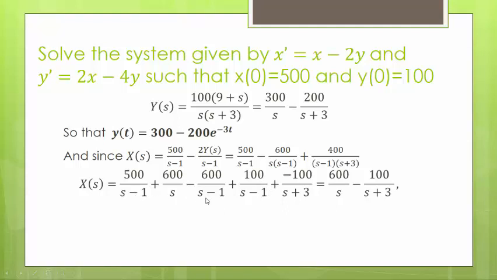Because 3 of these terms have the same denominator, you'll notice 500 minus 600 plus 100, those all cancel. Minus 100 over s plus 3 is all that remains. And fortunately, that is a piece of cake to take the inverse Laplace transform of. So 600 minus 100 e to the negative 3t are all that remain.